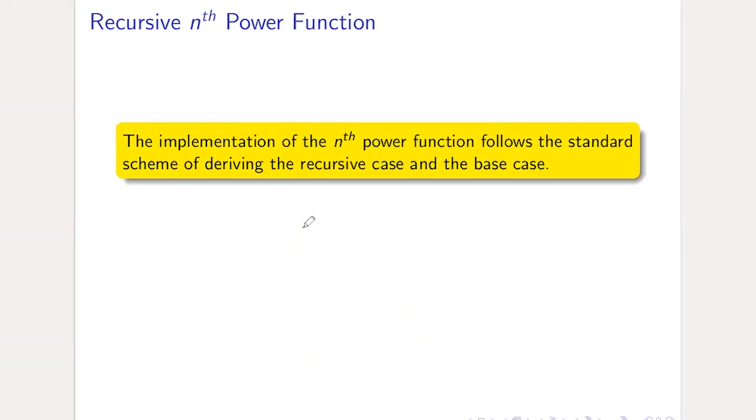Now, the implementation we have just seen followed the standard scheme. Consider the base case, consider the recursive case. So you can see it is a standard implementation.